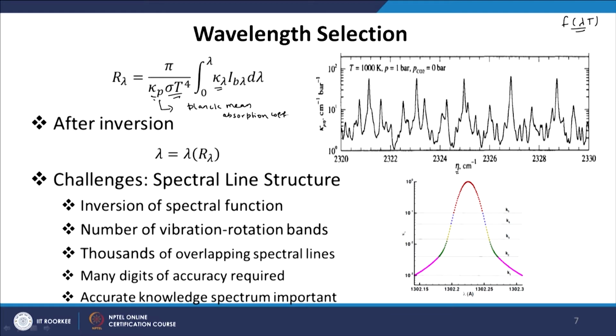The absorption coefficient varies significantly over a small wavelength or wave number range, and the variation is very erratic. It goes up and down very rapidly, and this rapid variation makes the integral 0 to lambda, kappa lambda, I b lambda, d lambda very difficult to invert. You cannot easily invert this relation, and for that we have to apply special techniques.